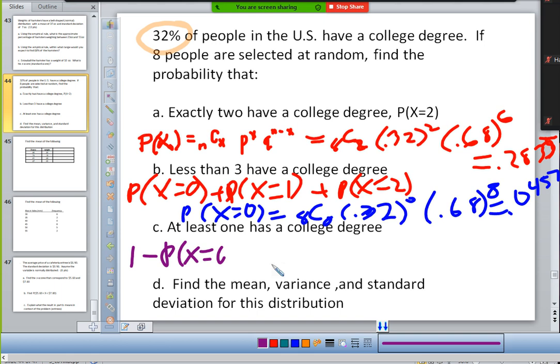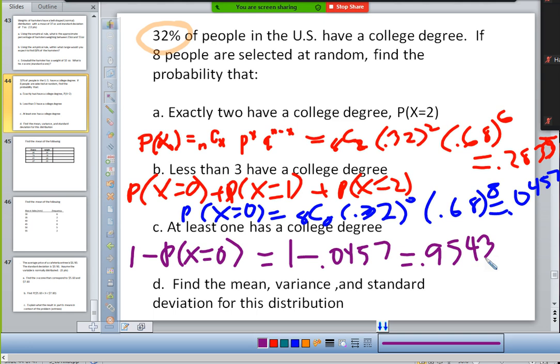So that's 1 minus 0.0457, so that's 0.9543. Or you could do the long way. You could find the probability of 1 plus 2 plus 3 plus 4 plus 5 plus 6 plus 7 plus 8. So you already found 2 of them, so find the other 6 and add them.